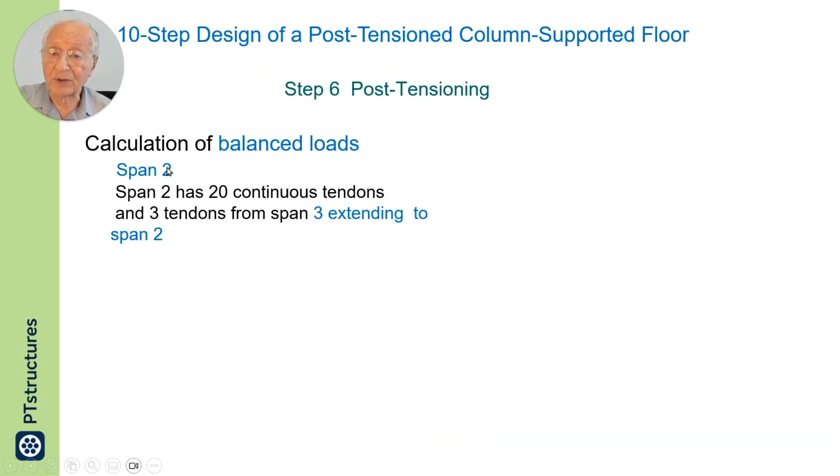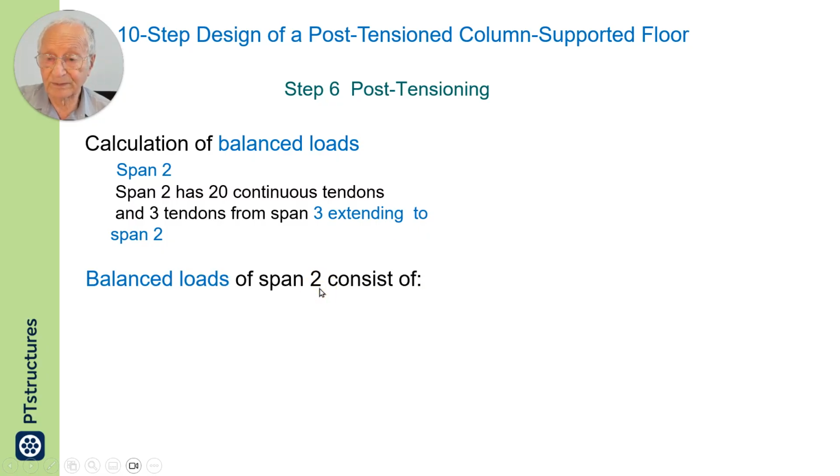Then I go to span number 2. In span number 2, there are 20 continuous tendons and 3 tendons which come from span 3 and extend to span number 2.